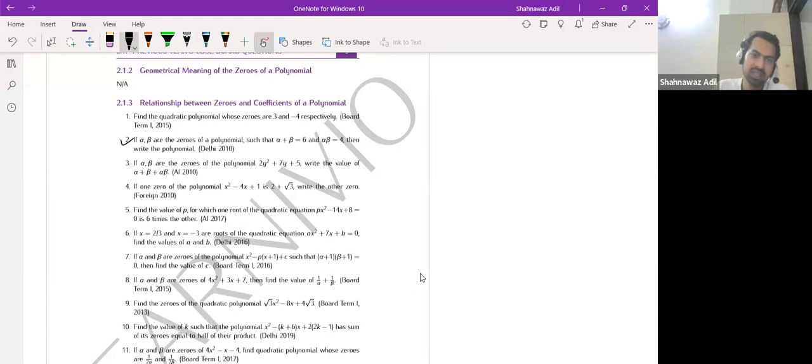In this second question, the sum of the roots is given, and the product of the roots is given. So Amar, what would be the quadratic equation? Or let me write the polynomial. What would be the polynomial?